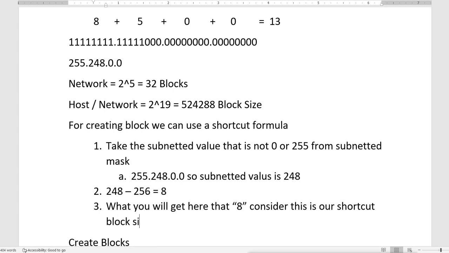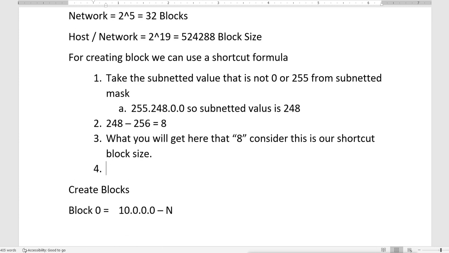Now remember, our real block size is this one, but this 8 is my shortcut block size.